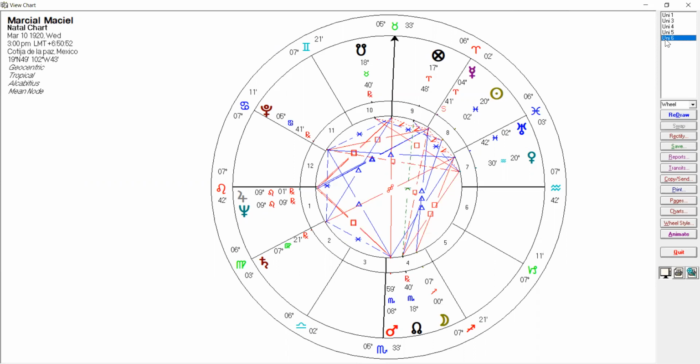And then we're going to look at John Paul II, who was very devout, very sincerely devout, and see what kind of difference we may see. Note that the part of fortune is in the 9th house of religion, of God, right? 9th house is God, right? So already the part of fortune is there. And also notice that the ruler of the 11th is there on the cusp of the 9th.